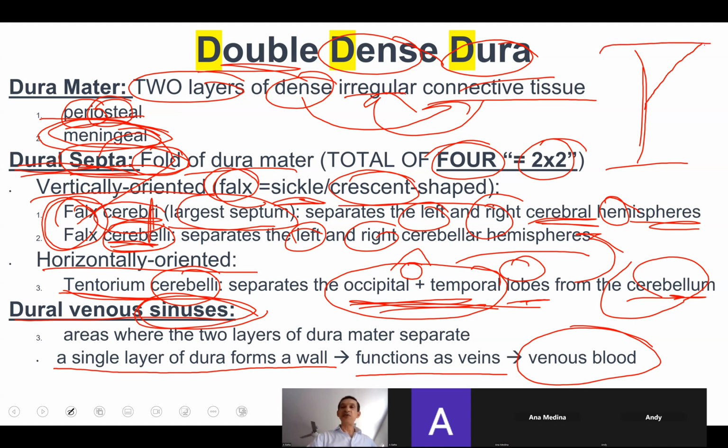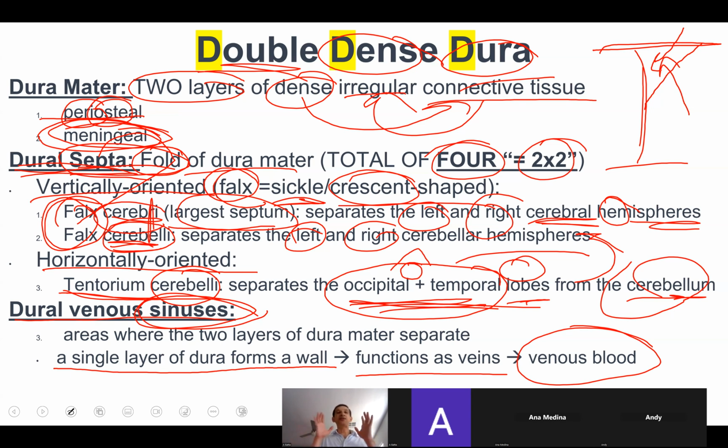So if you just add some kind of a cover, there you go, you will have an empty space. They are empty spaces, and don't forget, on the inside, they're lined by the endothelium. Dura is a lot of connective tissue. If you did not have endothelium on the inside, blood would clot in no time, okay?